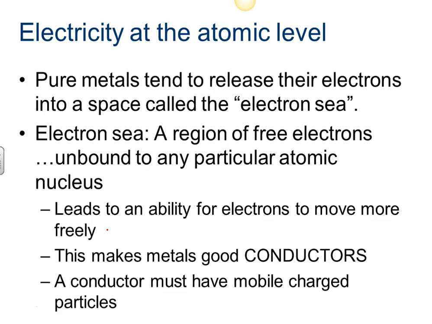But then, when you release an electron from an atom, then you have a positively charged nucleus. So the end result is that we have positively charged nuclei in this area called an electron sea. So if you can imagine, we have nuclei in 3 dimensions, and so forth.